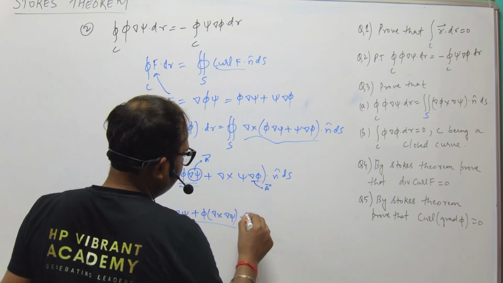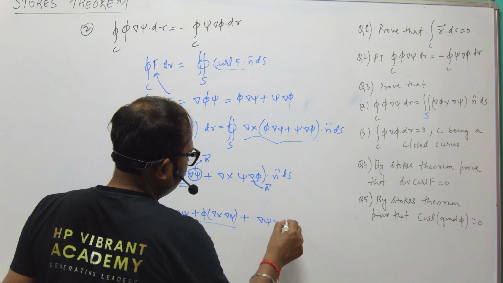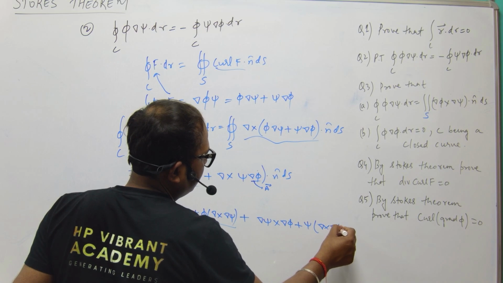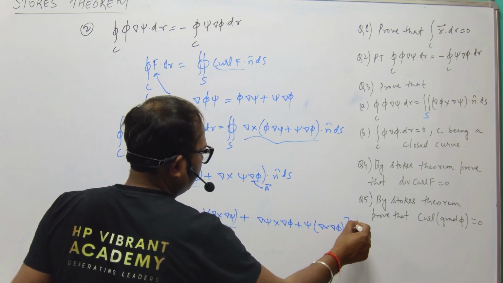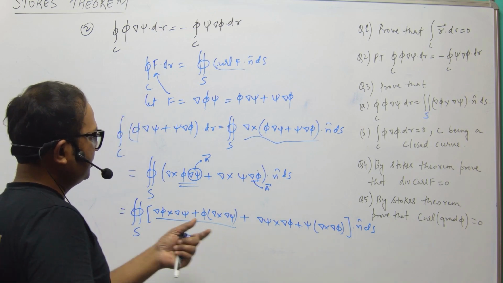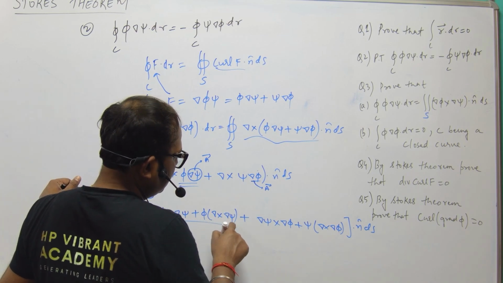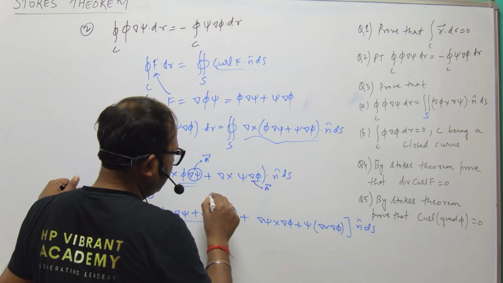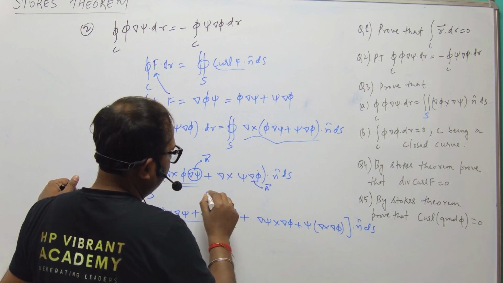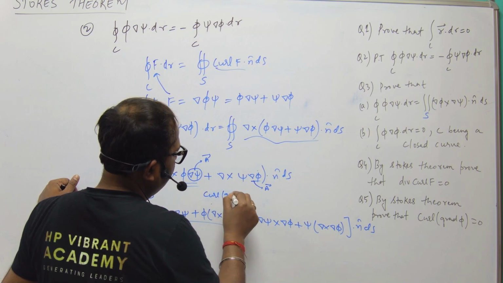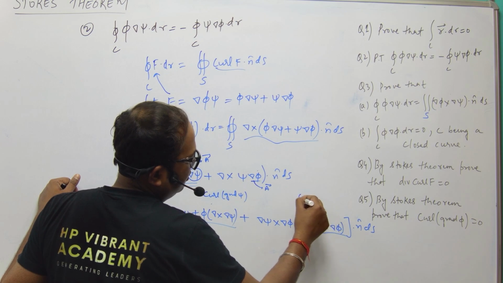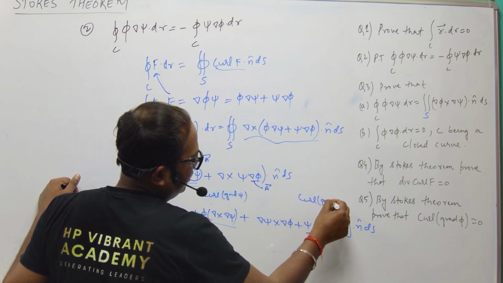Similarly for this one, plus del psi cross del phi plus psi times del cross del phi, dot n cap into dS. Here del cross del psi is the curl of the gradient of psi, and this one is the curl of the gradient of phi.